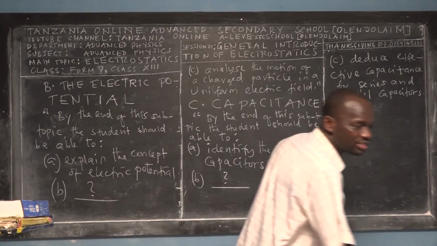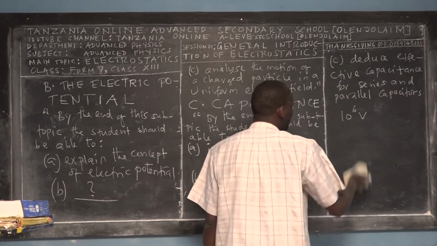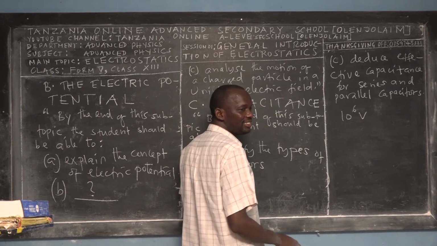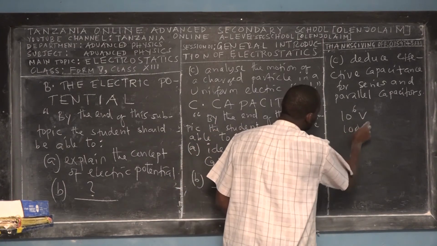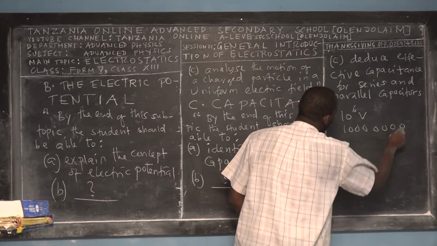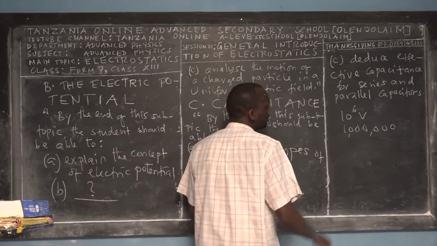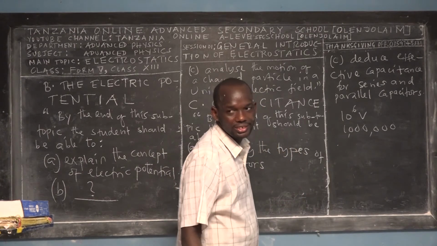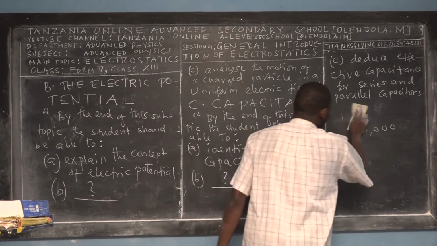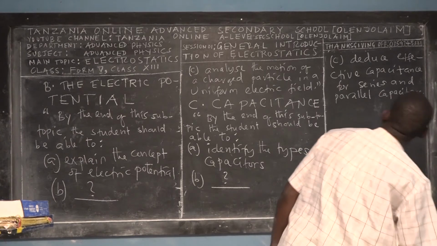So how many kilovolts are there? This is 1 million volts. So it is 1,000 kilovolts.